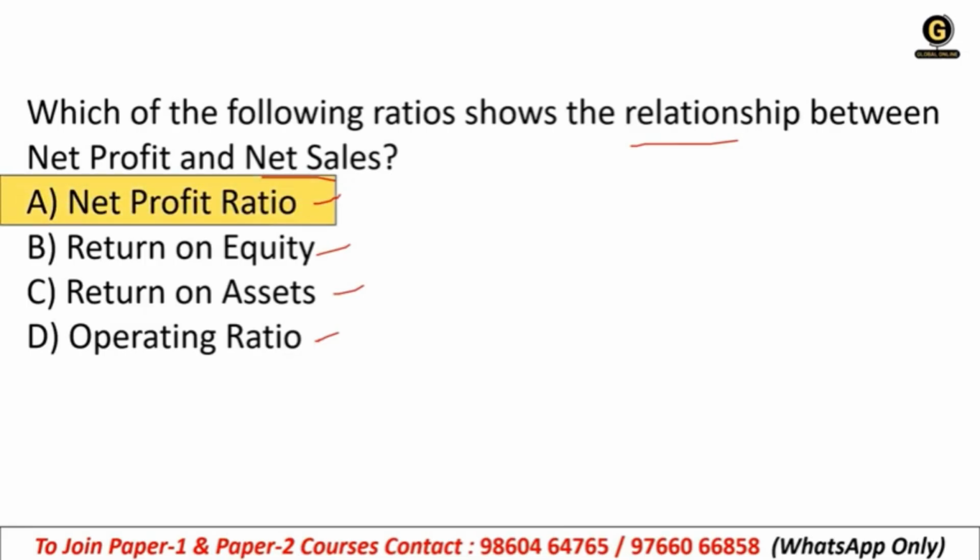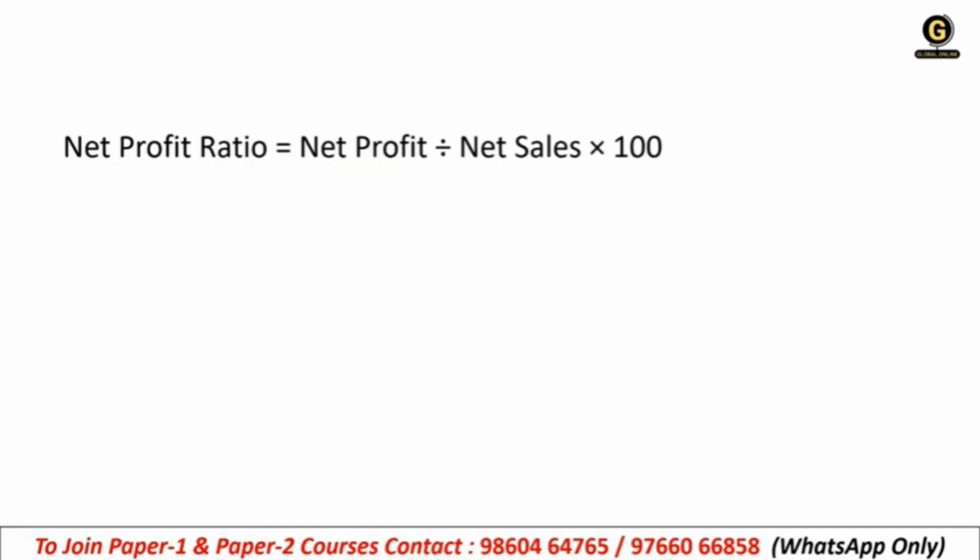So the right answer is option A, that is net profit ratio. Okay, how do we know that there is a relationship between net profit and net sales, right? In which ratio? That is the net profit ratio. Net profit divided by net sales into 100. That will be the net profit ratio. Remember this formula. Okay, very important.